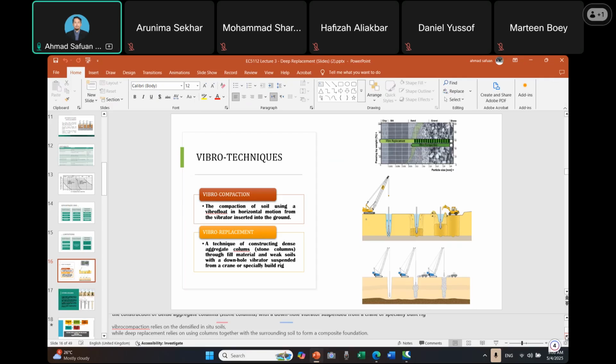For the vibro replacement, they replace the existing soil with a better granular material that forms a column.